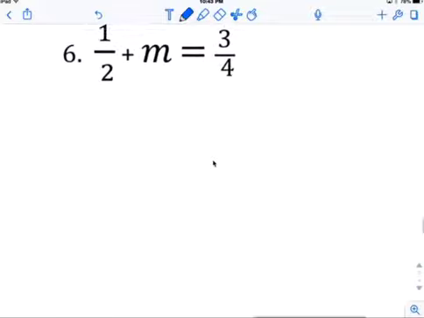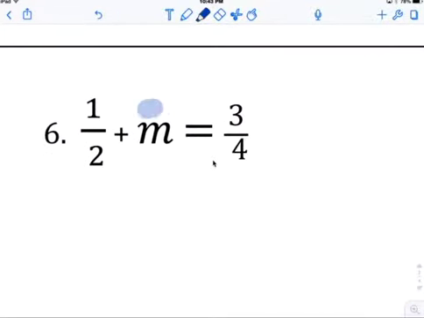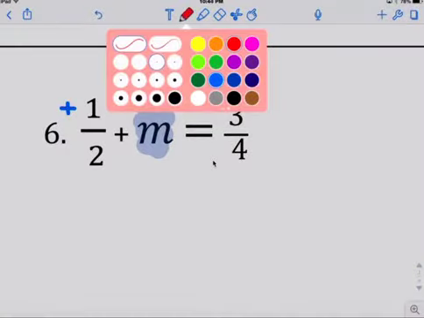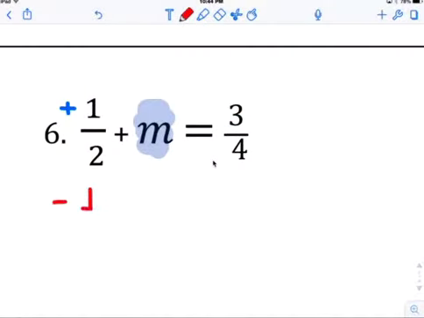Okay, this is an isolate the variable side. That's a positive 1/2, or a positive 1. In order to make a positive 1 equal to 0, you have to add a negative 1/2. Okay, minus 1/2.